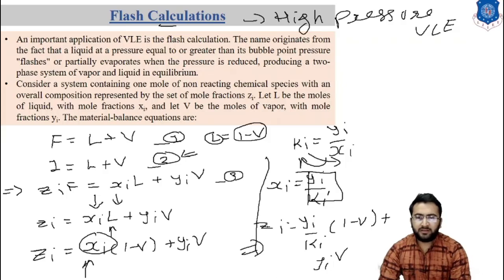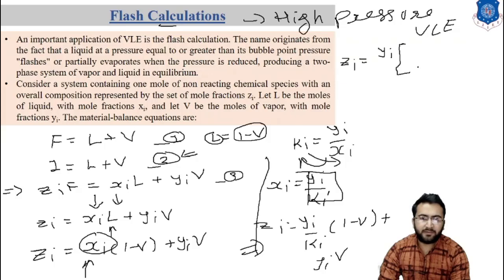So rearranging this equation, taking Yi common, this equation becomes Zi is equal to Yi times (1 minus V upon Ki plus V). Now again rearranging this equation, it becomes Zi into Ki is equal to Yi into (1 minus V plus Ki into V).